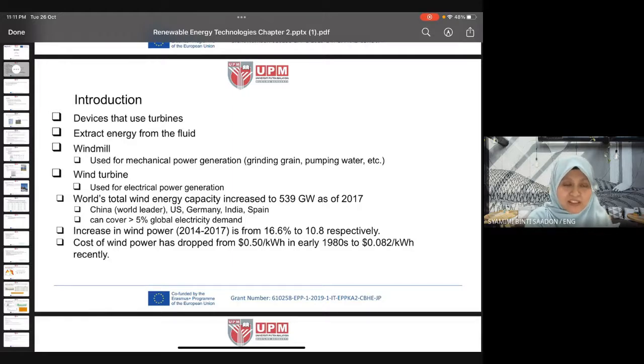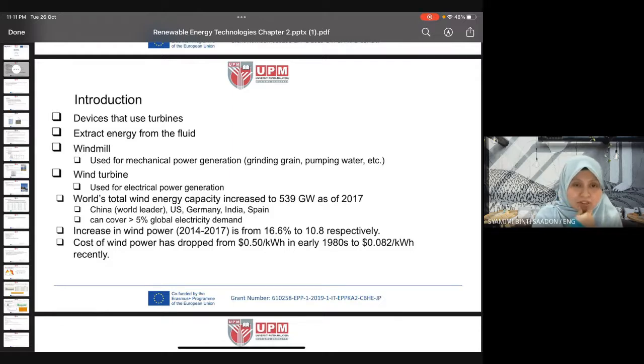The fluid here is the wind, the air around. It is the main source of energy for the wind turbine. The wind turbine, the device, extracts the energy from the fluid and converts it to power: electricity, mechanical power.